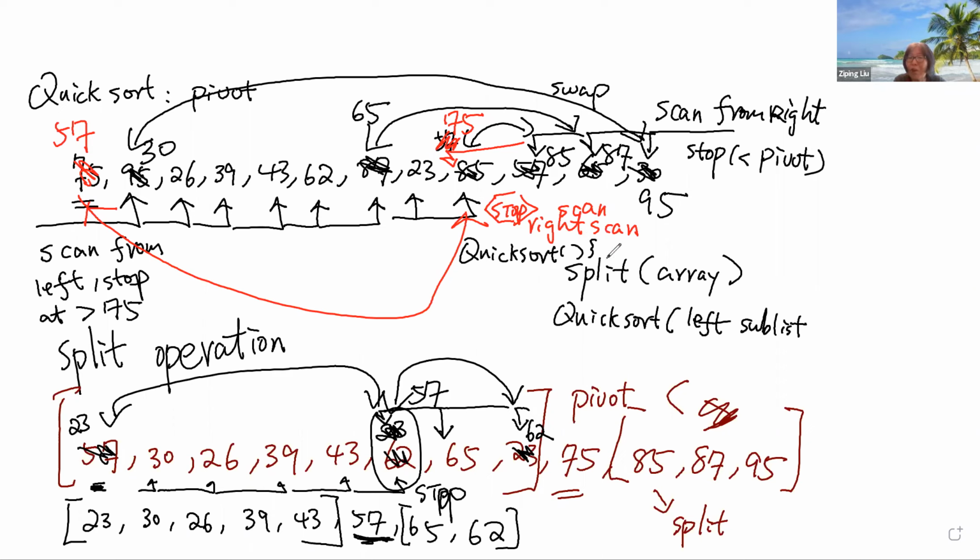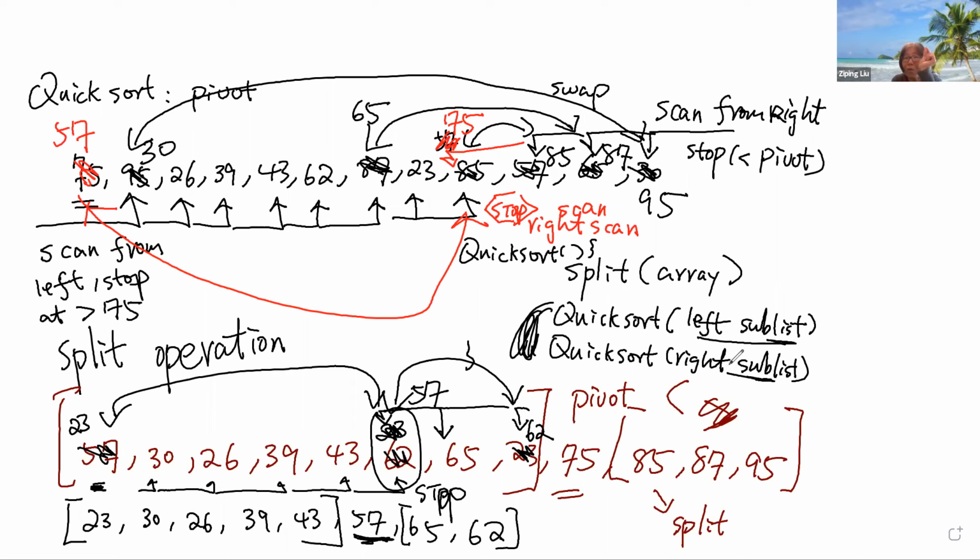So generally, in the pseudocode, you split, then you quick sort the left sublist, and you also quick sort the right sublist. Here you have the recursion: you keep calling yourself, but with a sublist, until the list size is just 1 or 0.